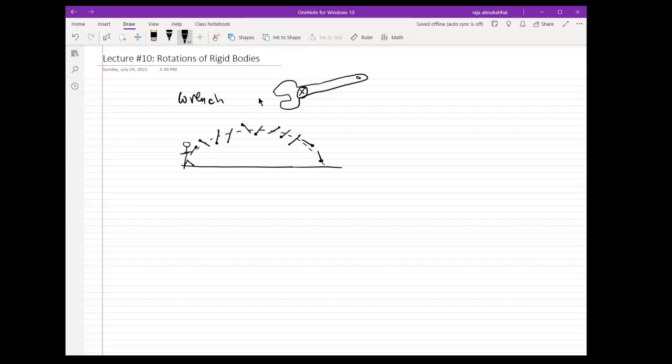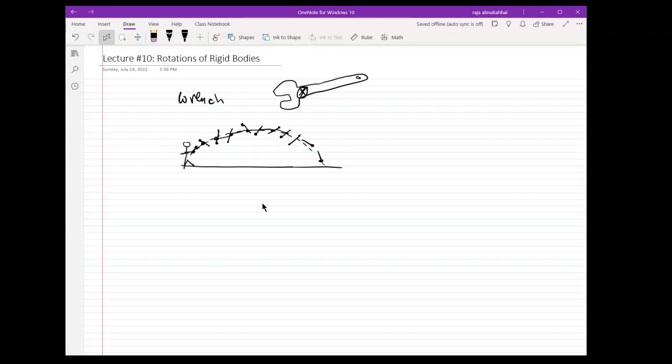In other words, if I go back to this wrench and to the point of the center of mass, and pay attention to the center of mass point as the wrench follows this parabolic trajectory, I will find that the center of mass is located exactly on the parabola at all times as the wrench is spinning about it.